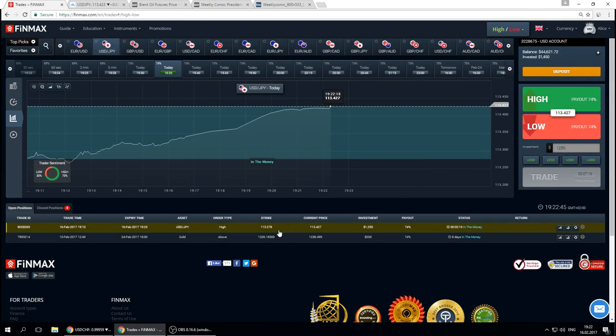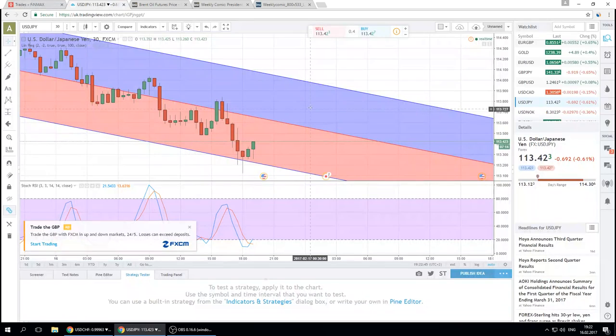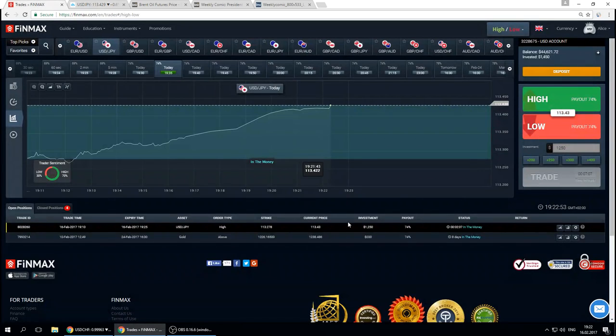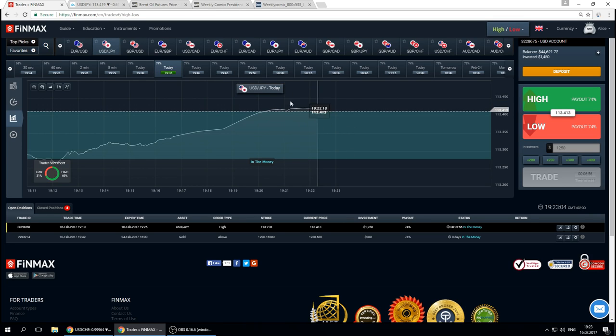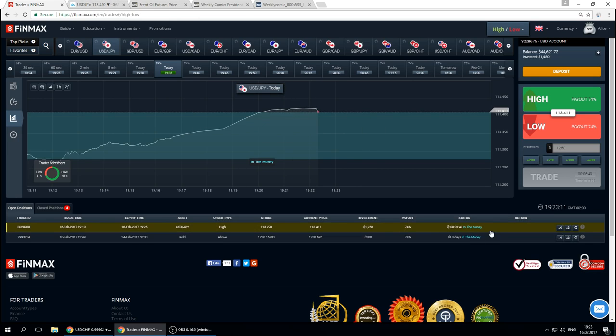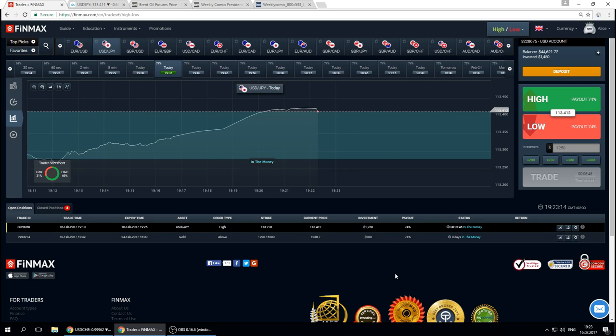So the difference between the price when you open the trade and the price when the trade is going to be closed is bigger, because on the previous charts we saw that this line, the orange line in our case, was really thin. Here it's a bit longer. So we have 1 minute 40 seconds left till the expiry time.